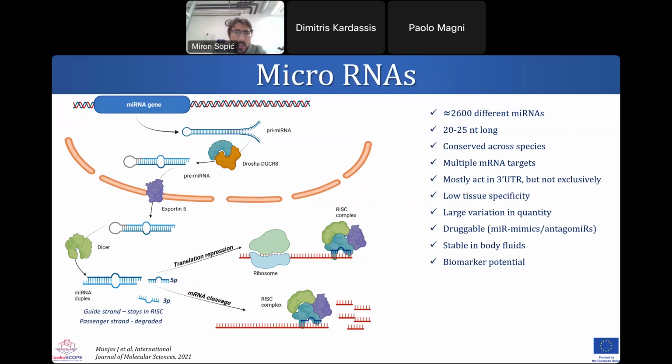So let's deal a little bit with the biology behind microRNAs. Most microRNAs in our body are synthesized not from specific designated genes for microRNAs, but they basically come from introns of other coding genes.